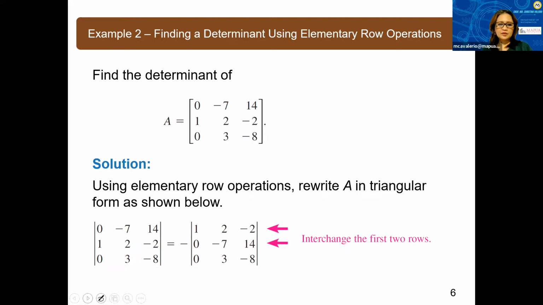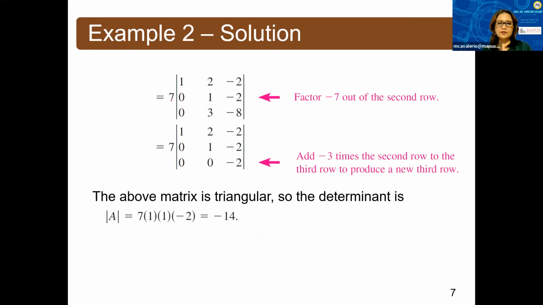So factoring out negative 7, and remember that the initial sign is negative, this results in a positive 7, and then we will have the new matrix. So you already have 1, 0, 0, 1.